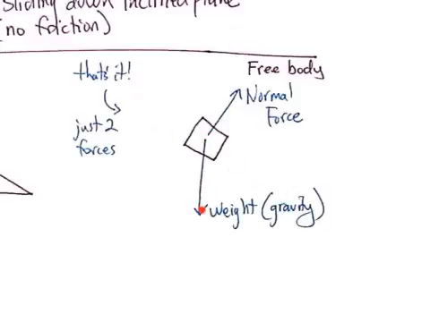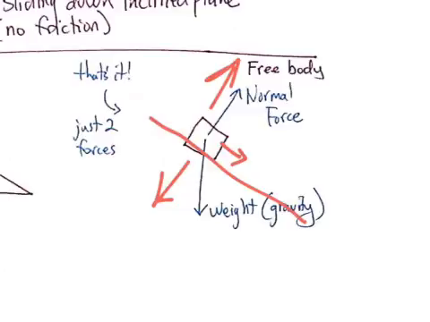Obviously the box doesn't fall through the inclined plane. And we would call this the normal force because it is perpendicular to the surface. And so when you look at these two forces, imagine this pulling this way and this pulling this way, they tend to cancel out, but there's some left over in that direction.